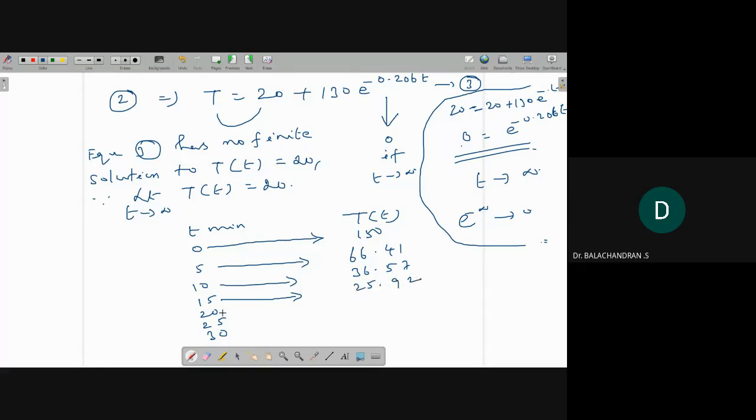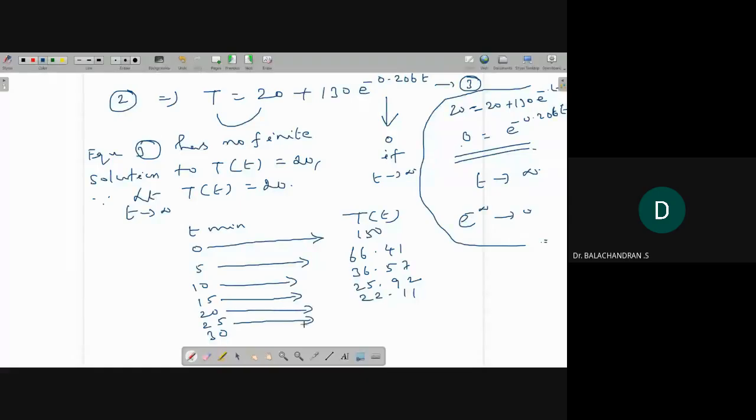When t equal to 20, when t equal to 25, 20.75, when 30, 20.27.